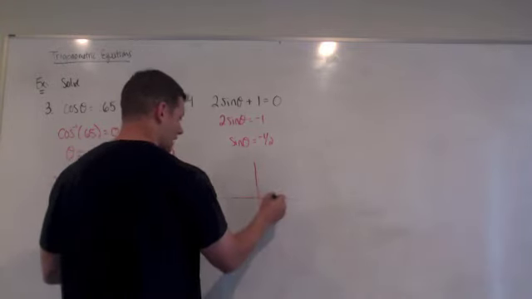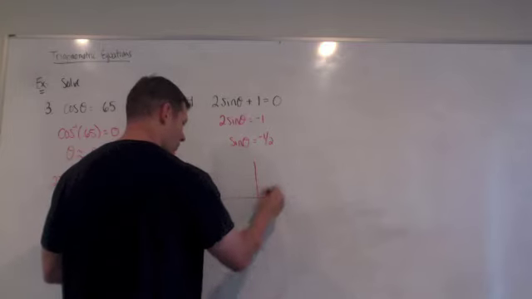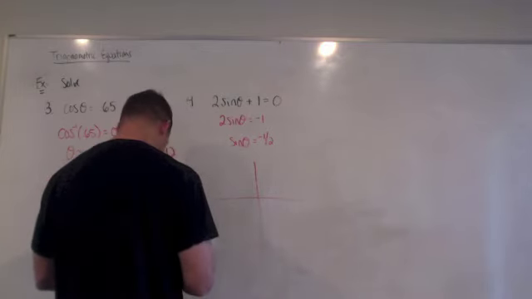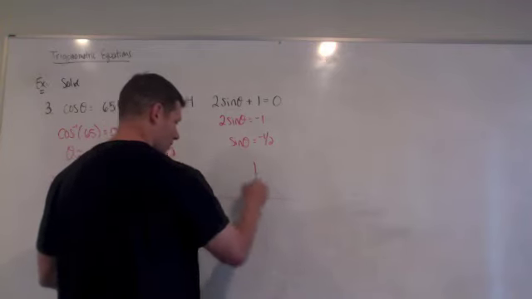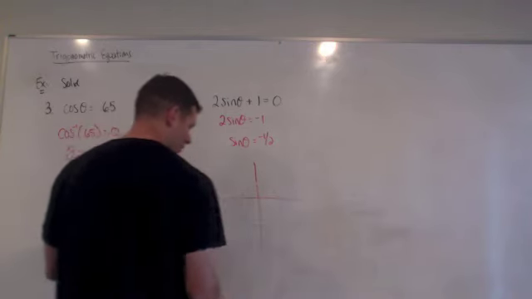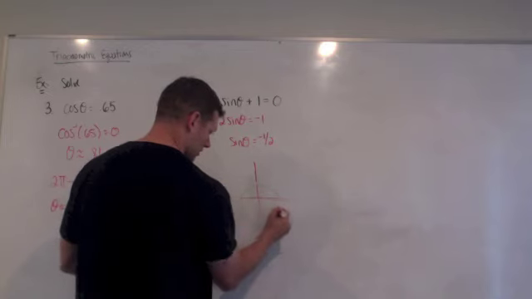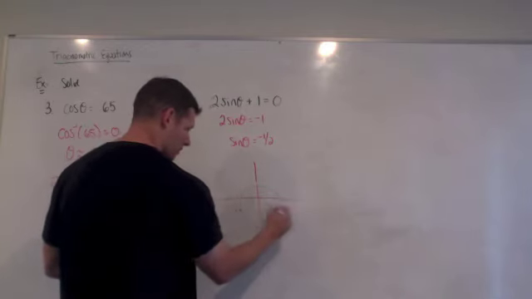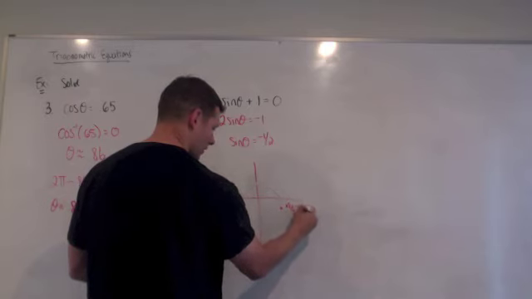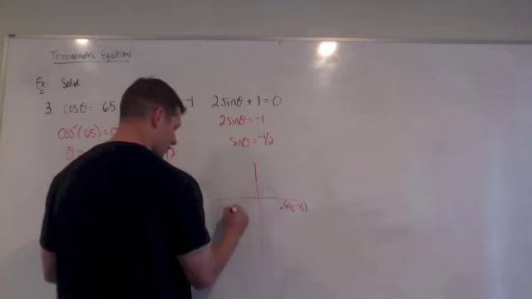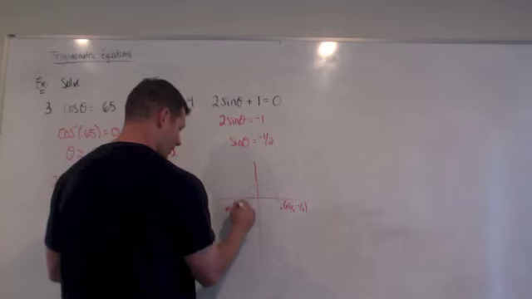Okay, when is sine of theta equal to -1/2? Well, that's right here and right here. So this is √3/2 comma -1/2. This is -√3/2 comma -1/2.